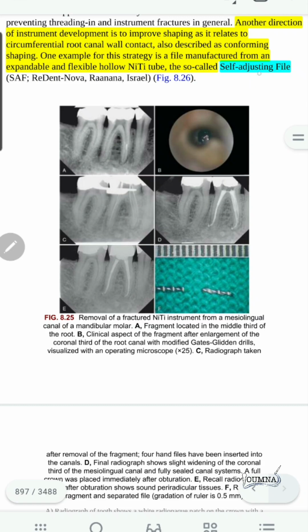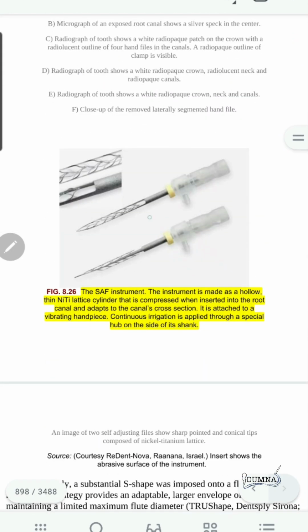The author has spoken many times about the self-adjusting file. This is it. It is an instrument made as a hollow, thin nickel titanium cylinder that is compressed when inserted into the root canal and adapts to the canal's cross section.